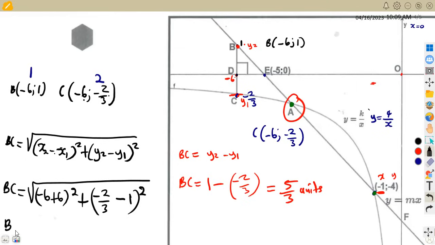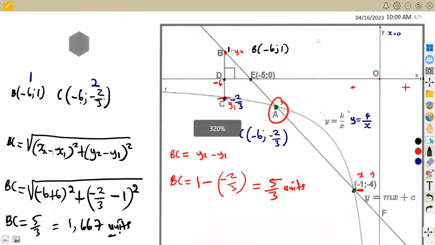So this gives us BC, still 5 over 3, or 1,667 units. This is what you're supposed to have as your final answer in this case.